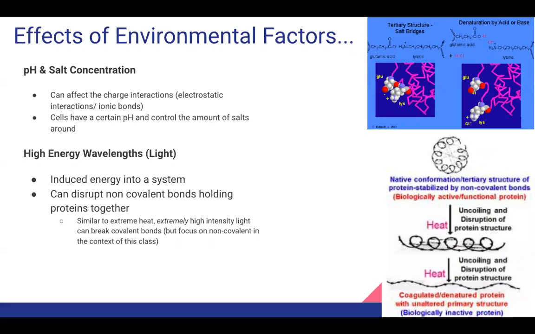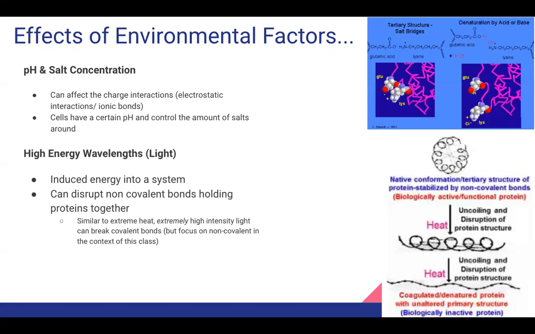It will still have its positive charge and it could form an ionic bond. But let's say the pH goes up very high, to like 11. This will take the positive charge away from the amino group of lysine, and it wouldn't be able to make the ionic interaction that it did before.